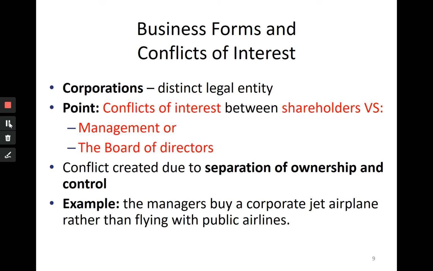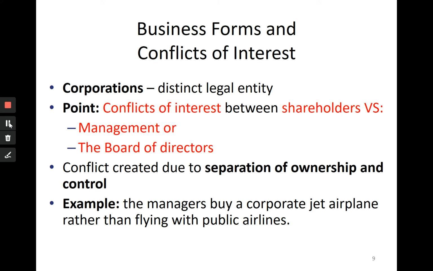And once we have this corporation in place, we have that separation of ownership and control that I talked about before. The owners are stockholders, they have few shares, and the professional managers, chief executive officer, financial officer, marketing manager, they run the corporation.